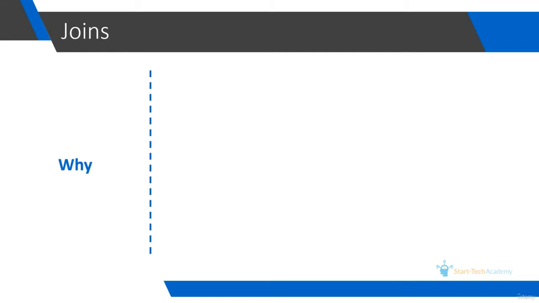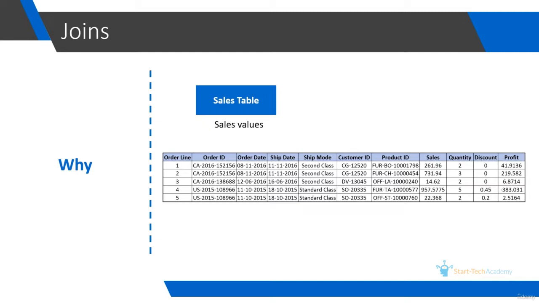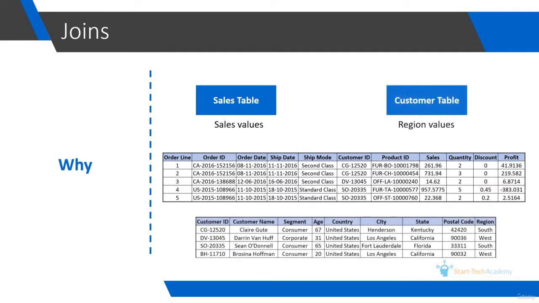There are two things I need for this. First, I need the sales data, which is in the sales table. And second, I need the region, which is part of the customer table.